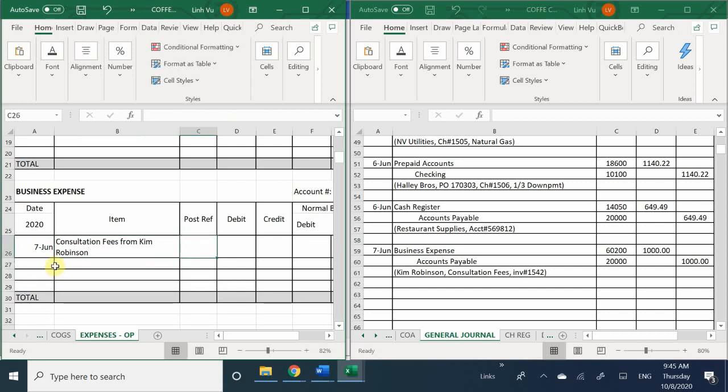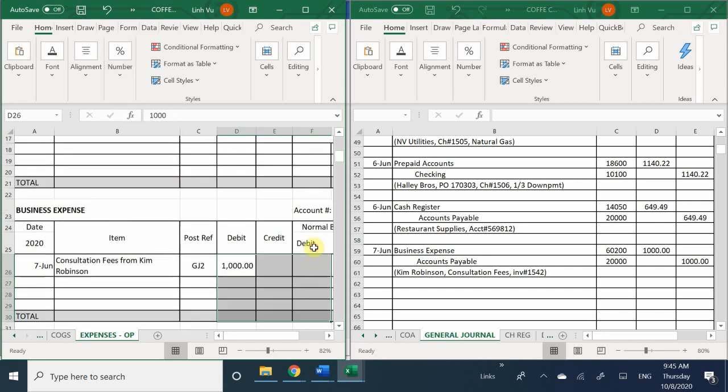Okay. And then my post reference is going to be my general journal number 2. Was it a debit to my account? Yes, it was. So therefore, I should have a debit balance of $1,000.